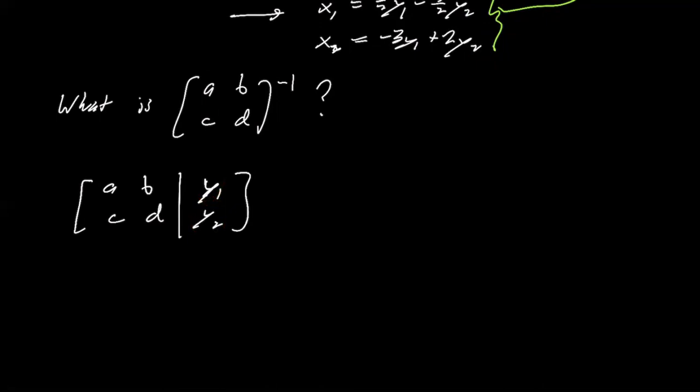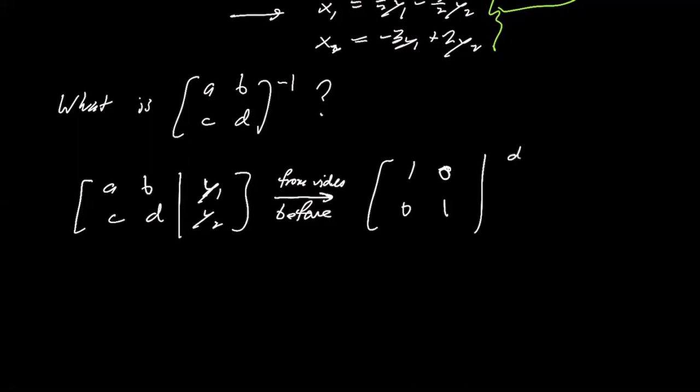But we did it, and we ended up with, from the video before, you were supposed to follow along, do it by hand yourself. We actually ended up with this. We ended up with the identity matrix, and then I think what we got was something like (d y1 minus b y2) over (ad minus bc), and (a y2 minus c y1) over (ad minus bc).